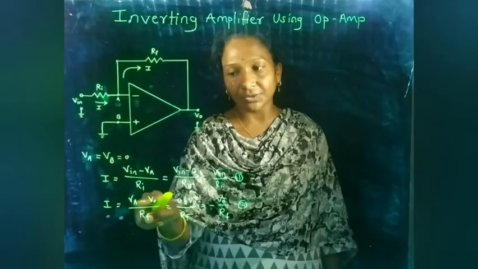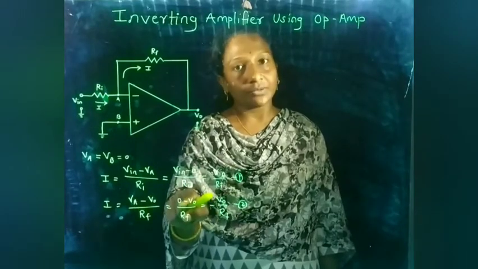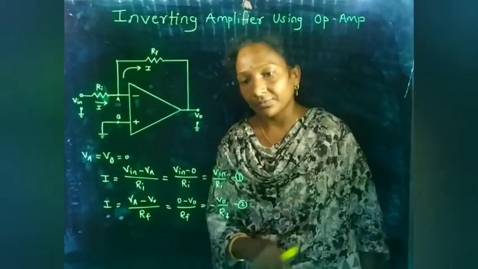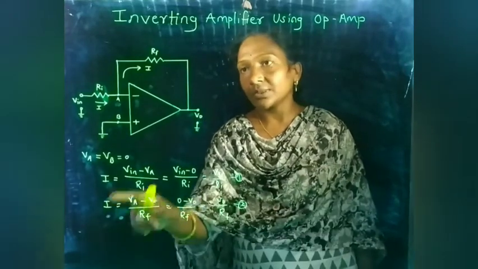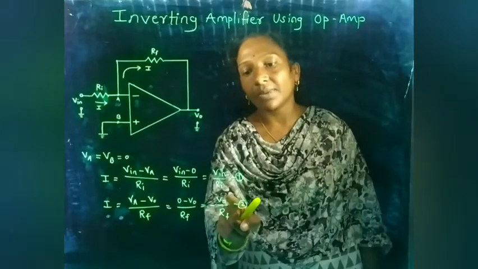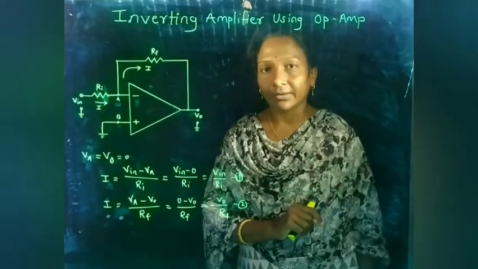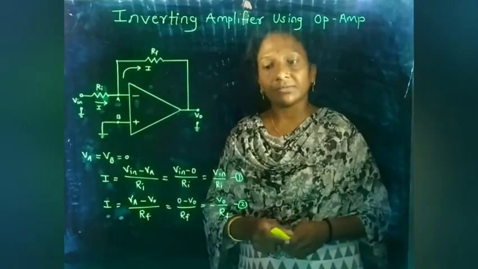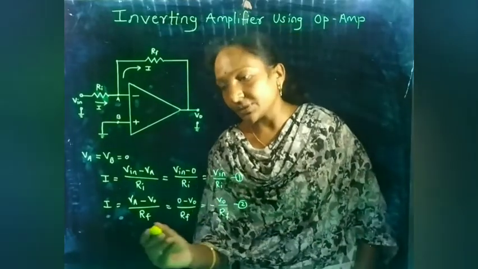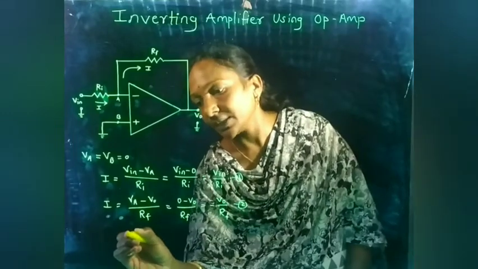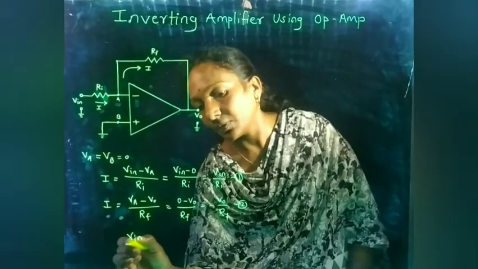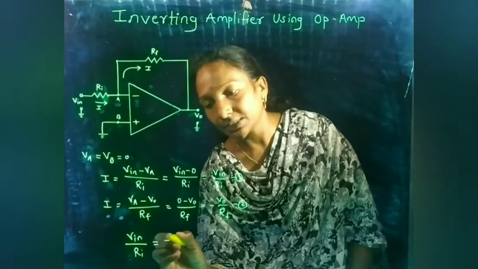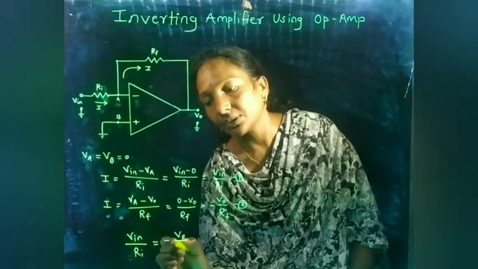Substituting VA equal to 0, the current I is minus V0 upon RF. Since both currents are the same, equate the two equations, and the equation becomes Vin upon Ri is equal to minus V0 upon RF.